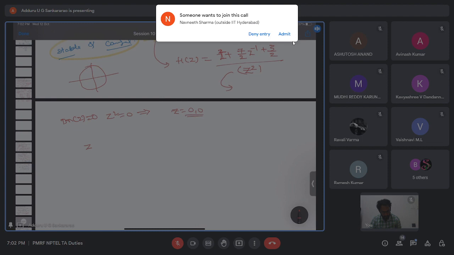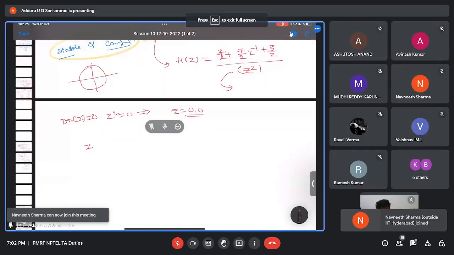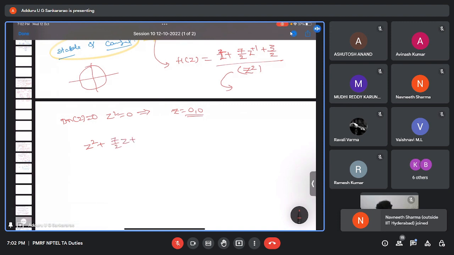So the numerator is z squared plus 7 by 2 z plus 3 by 2 equal to 0. This gives the zeros, right?